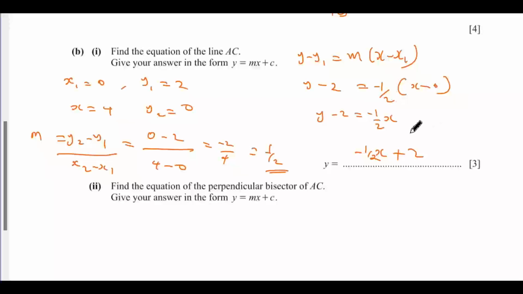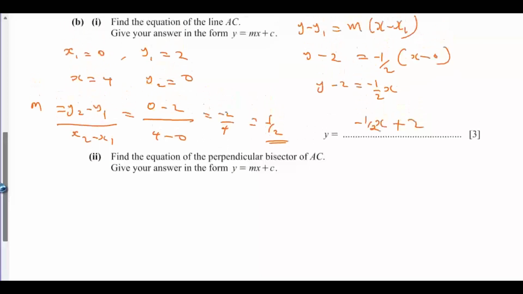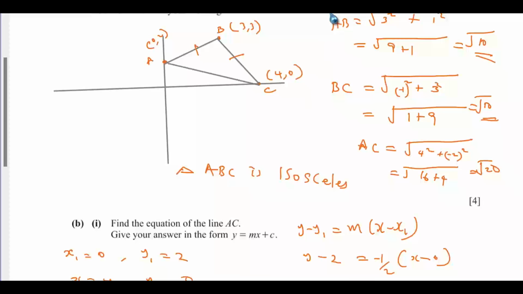If we bring minus 2 to the right hand side. Roman figure 3, find the equation of the perpendicular bisector of AC. The perpendicular bisector of AC will be, let's draw a line here, something like this. Good.